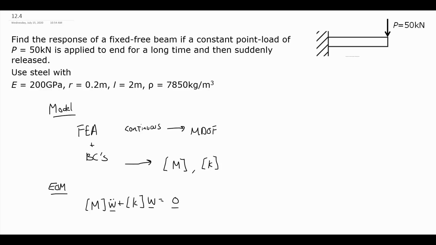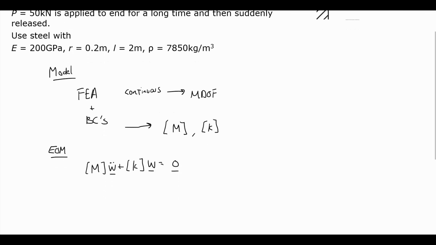This is a free vibrating system because the load is being applied, but as soon as the time starts, it's going to be released. So when we get to our identify step, once we assemble that equation of motion, we are going to have an MDOF system. It's going to have a lot of dimensions, as we're going to see, but it is going to be undamped.